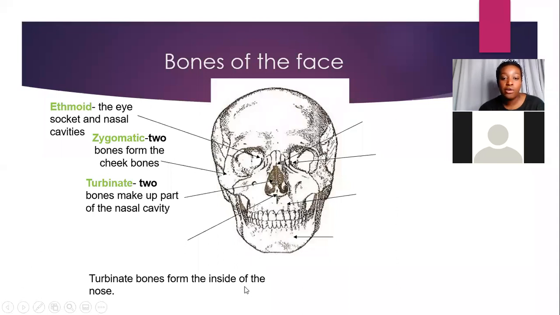You've got quite a few bones in your nasal cavity, and that forms the inside of your nose. So we've got another bone here, which I believe is the bridge of the nose. Does anybody know what this bone is called?